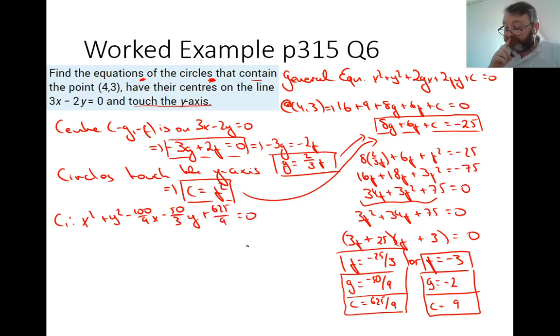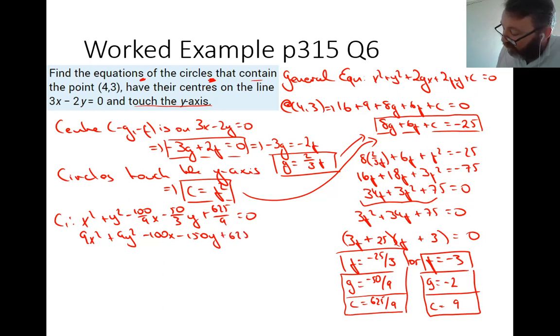Now, if you want to, go and multiply the whole thing across by 9. So you get 9x squared plus 9y squared minus 100x minus 150y, because you're multiplying by 9, 3 goes in 3 times, so minus 150y plus 625 is equal to 0.